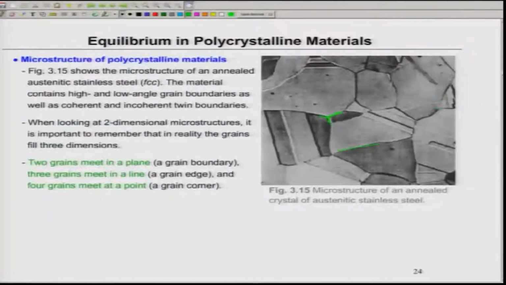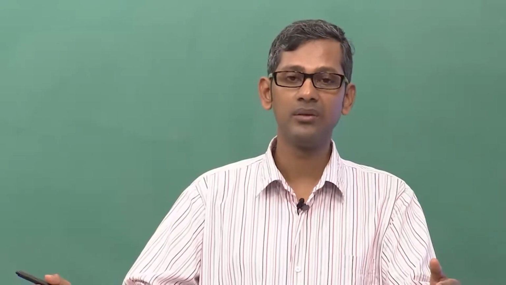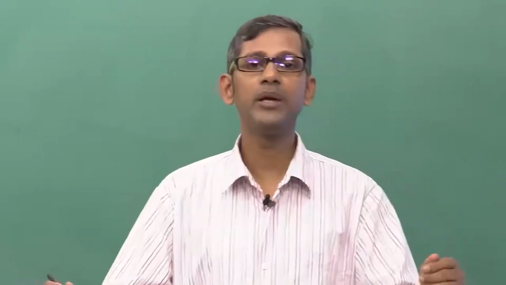So finally, the energy of the whole polycrystalline material will be a summation of the different boundaries, whether it is a high angle, low angle or twin boundary, and additionally these points at which the grains meet, okay, 3 grains or 2 grains. Remember, when you have 3 grains meeting along a line or a point, it is extremely unlikely that the atomic planes will be at very low energy configurations at these points.